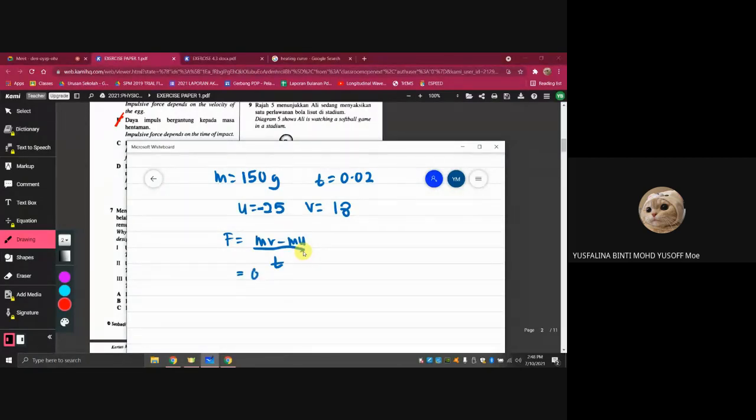Okay, so 0.15, V is 18. 0.15, U is negative 25. T is 0.02. Can you calculate for teacher?